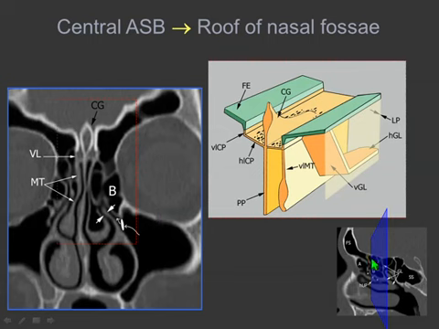The blue line is the one that is cutting approximately the floor of the anterior skull base. That is, at the same time, the roof of the nasal fossa. Strictly speaking, we have a central lamina that is the perpendicular plate of the ethmoid.